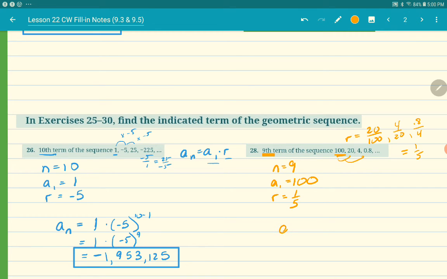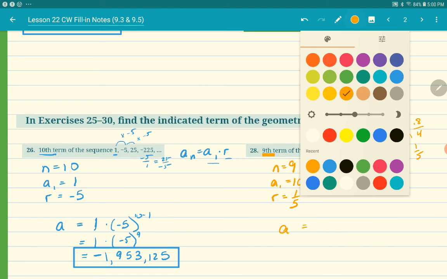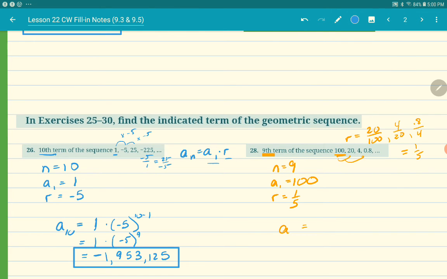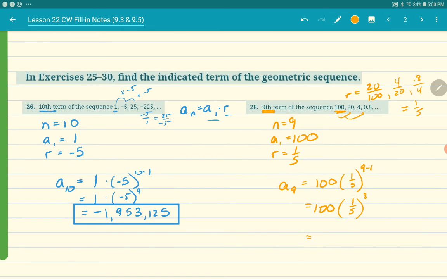Okay, now I can plug those three numbers into my formula for the nth term. You know what I should have done on this one too? When we're plugging it in, I actually want a to the 10th, not a to the nth. And on this one, I want a 9th. Okay, so my a1 is 100, my r is 1/5, and my n minus 1 is 9 minus 1. So I can rewrite that as 100 times 1/5 to the 8th, which I'm going to have to use a calculator for as well.